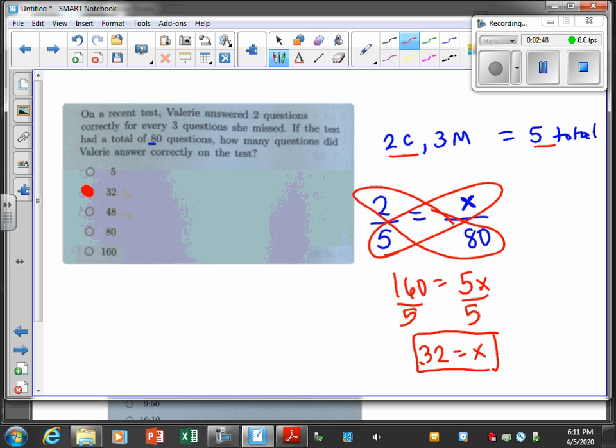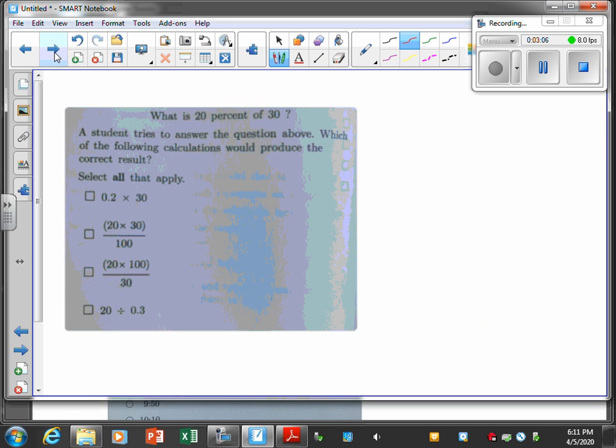So what we did here is we got the relationship, the ratio of correct over total is equal to correct over total. And so the first portion of it, we were able to set that up. And the second portion, they give us one part and ask us the correct. So use proportions.